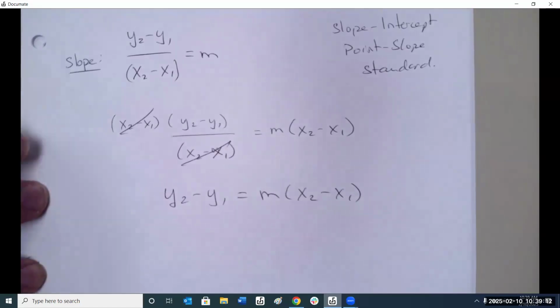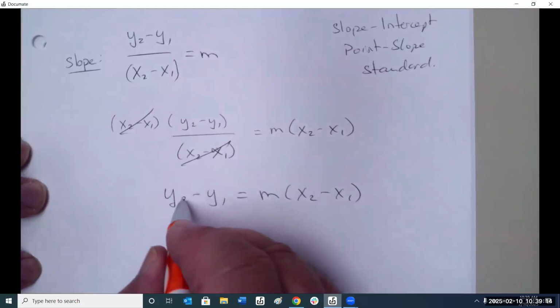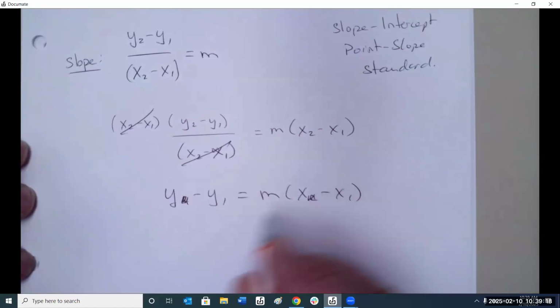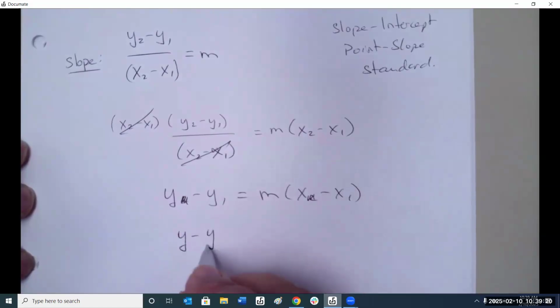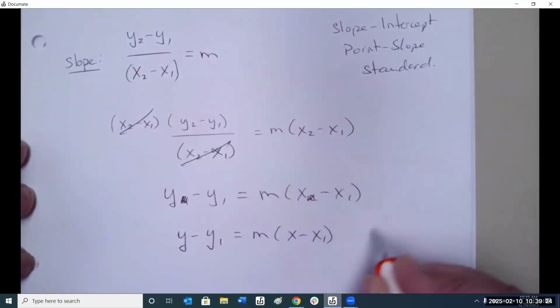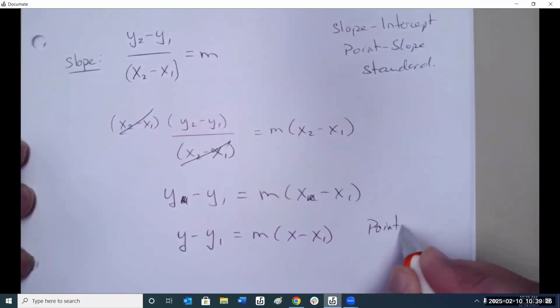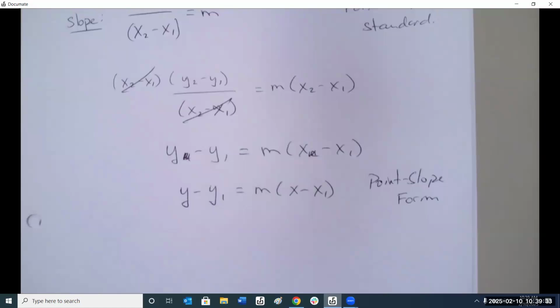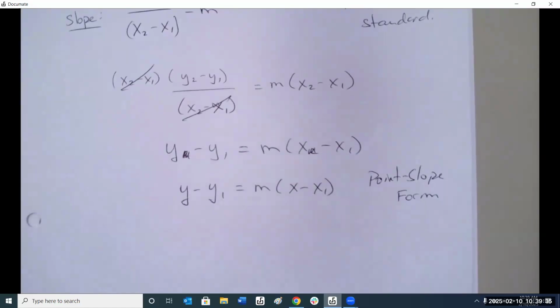The point slope. Because now I only need one point and a slope, so this is the point slope form. So from the slope, we multiply both sides by the denominator, and we get the point slope form.